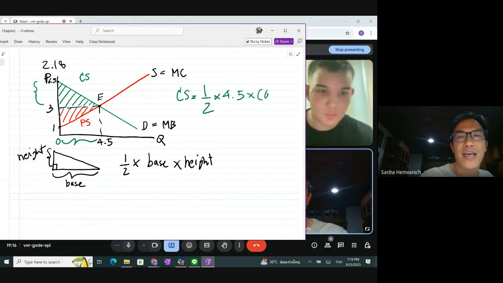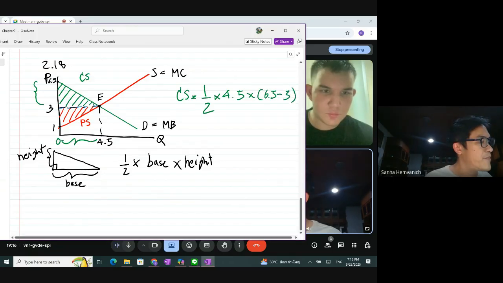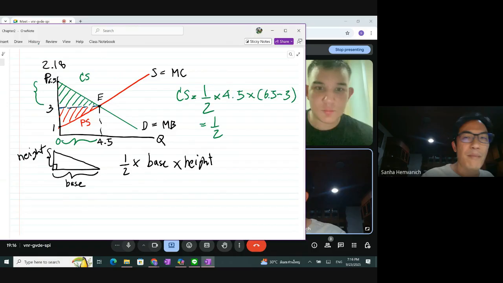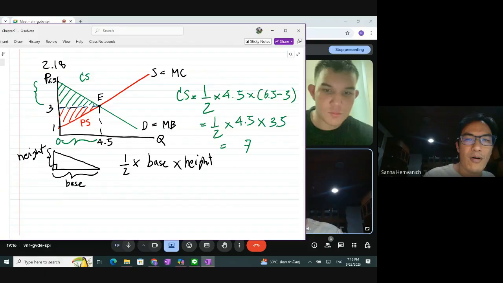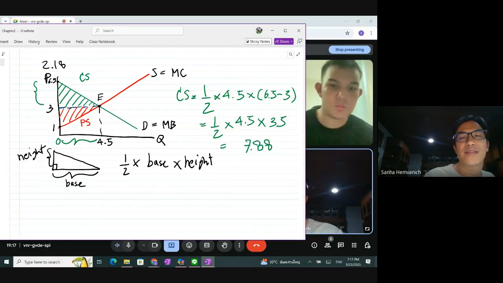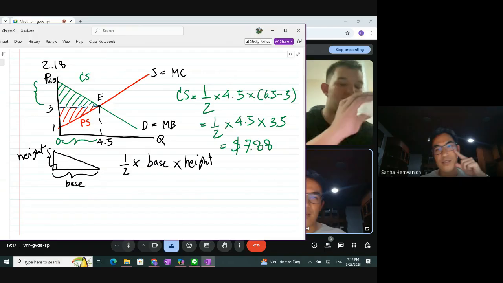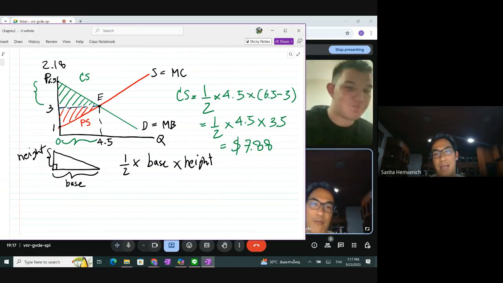So that equals 1/2 multiplied by 4.5 multiplied by 3.5, which is equal to 7.88.